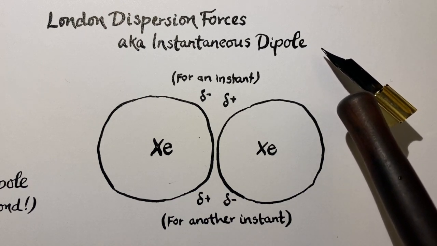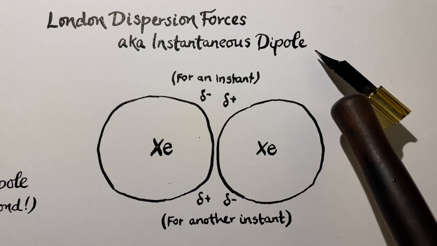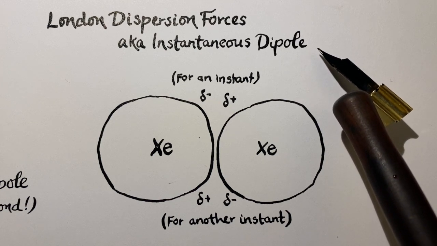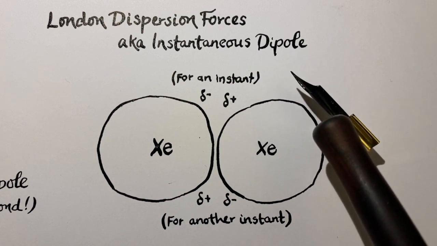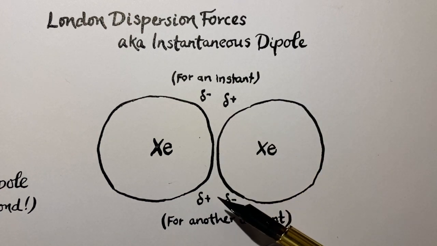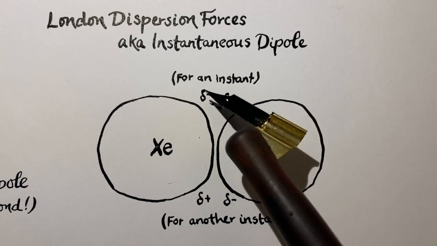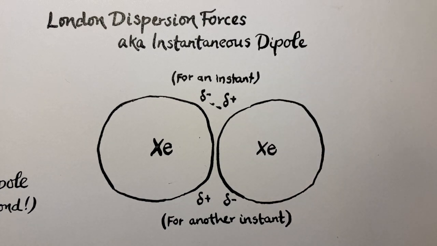And because those molecules are so large and so long, there's a lot of chances for attraction due to instantaneous dipole along the length of those hydrocarbons.